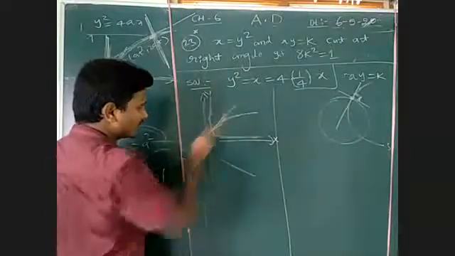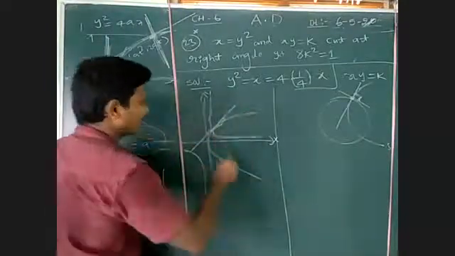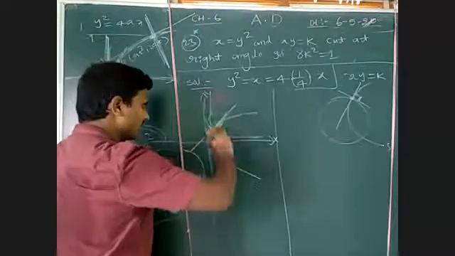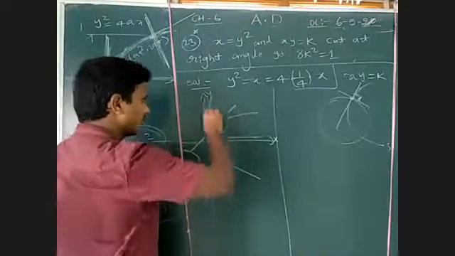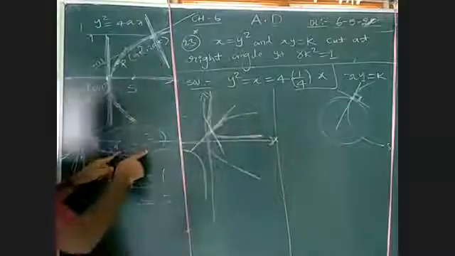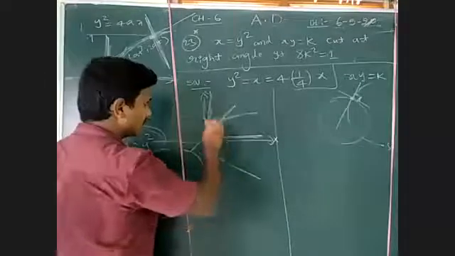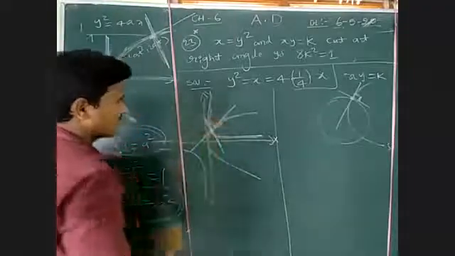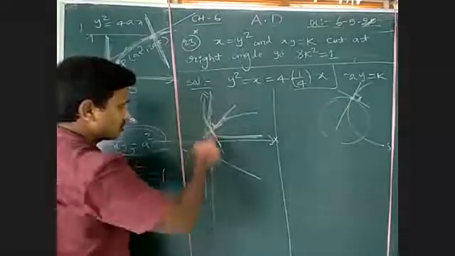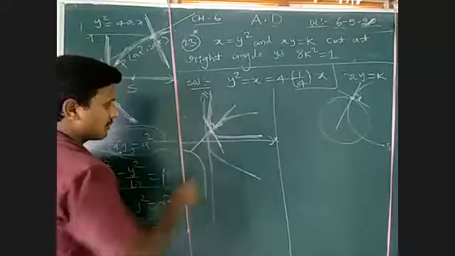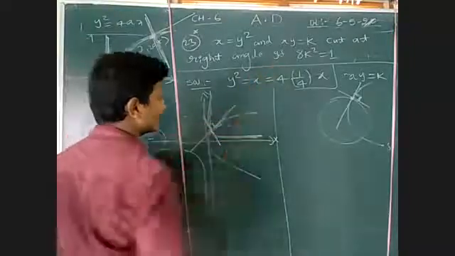This is the tangent to this parabola, and this is the tangent to the given rectangular hyperbola xy is equal to a square. Observe, the angle between these two tangents is 90. So whenever two curves intersect perpendicularly, we can show that 8k square is equal to 1.